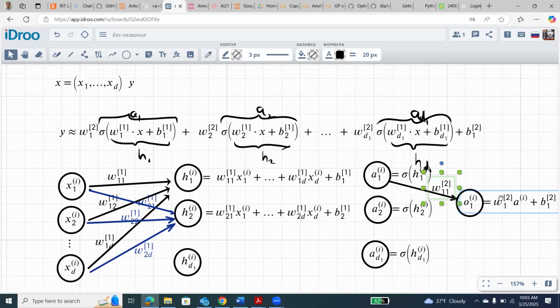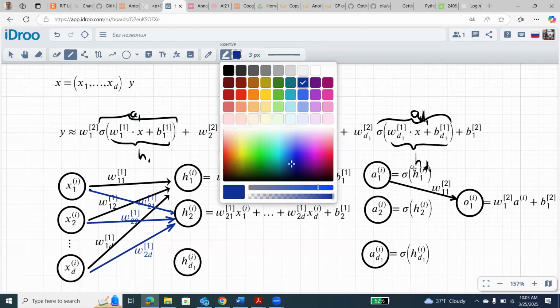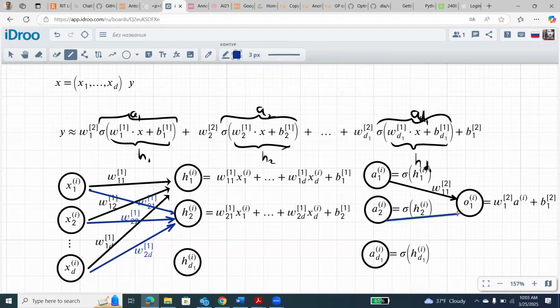Then I will add up A2 multiplied by the number W12, and so on. So I will take just a linear combination of these variables A.